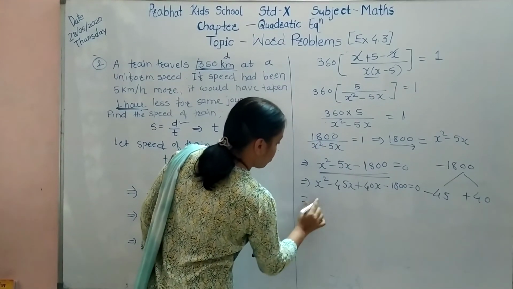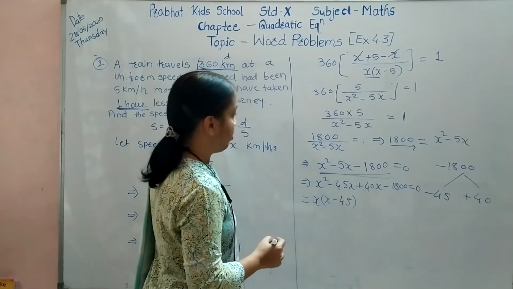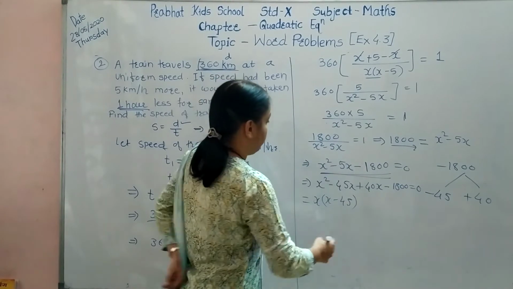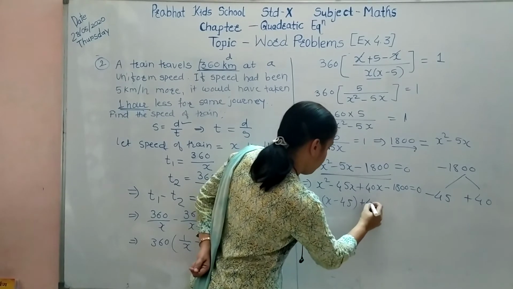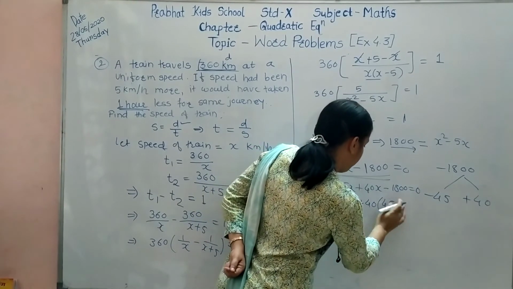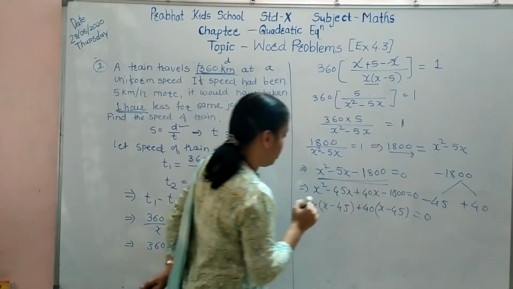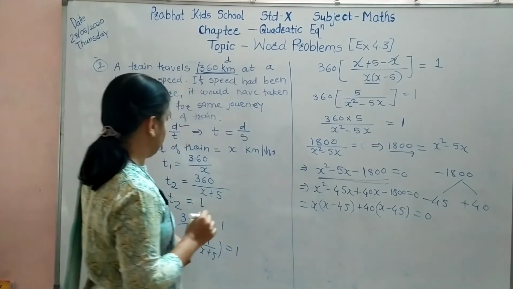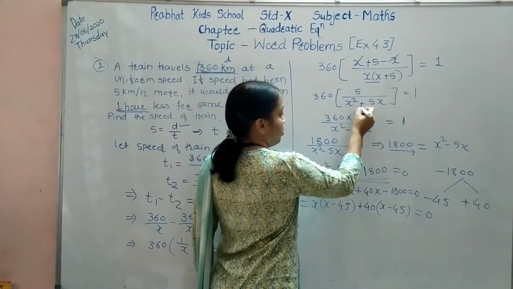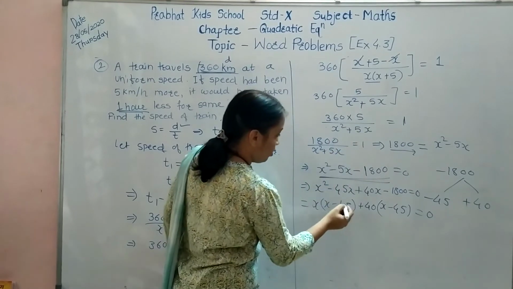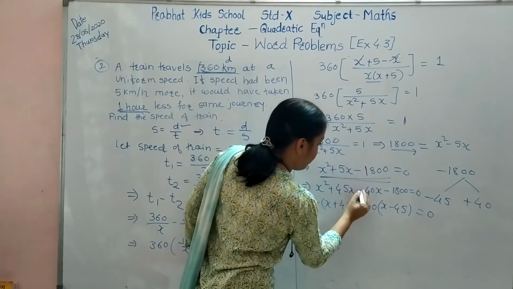If you take x common, x minus 45, okay, is it correct? Once again, let us correct this one, because here it is plus, so this will be plus 45 minus 40, sorry for that.